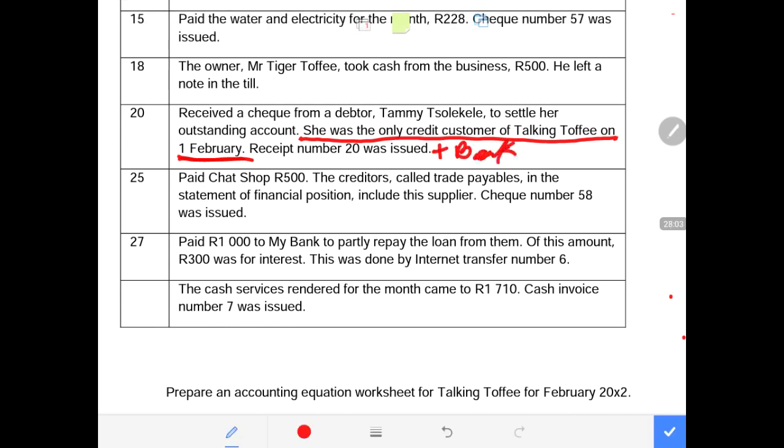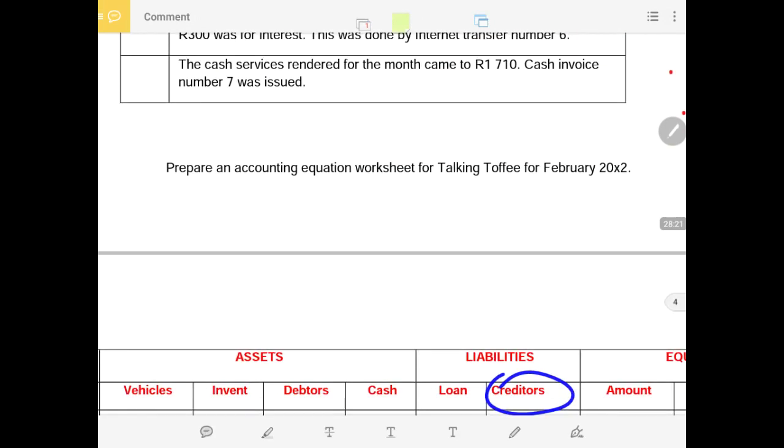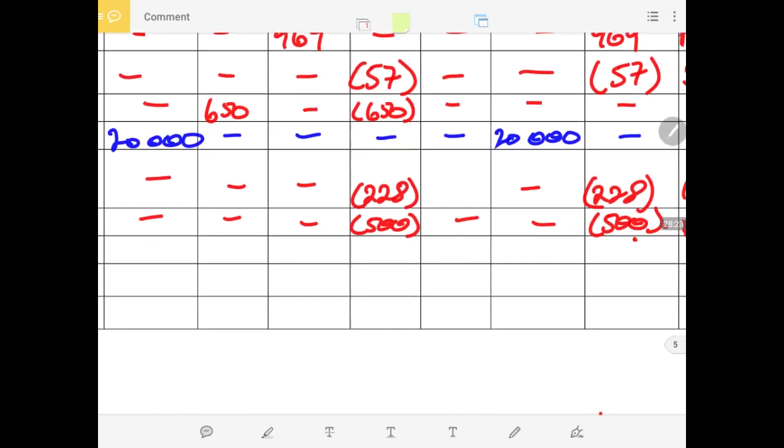Because the customer is not owing us money anymore, we need to reduce the debtor's account by the amount that she paid. Our bank will increase by 5,000 because she was owing us 5,000 and she paid all of it. So her account must decrease by 5,000 while our bank is increasing by 5,000.